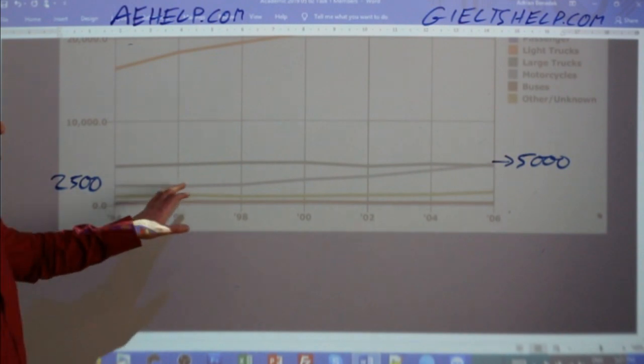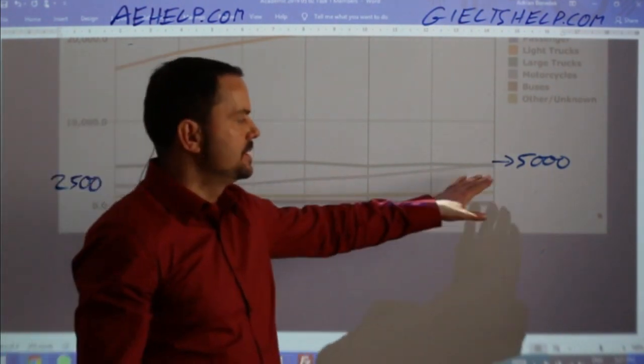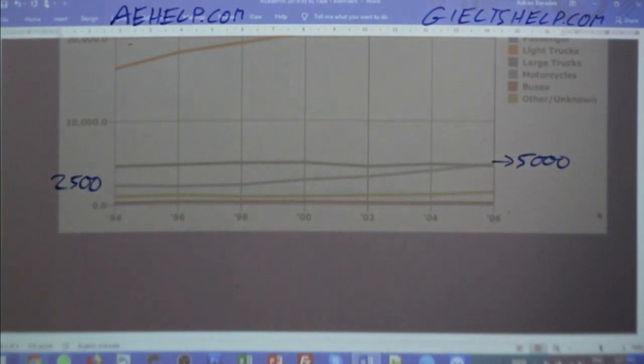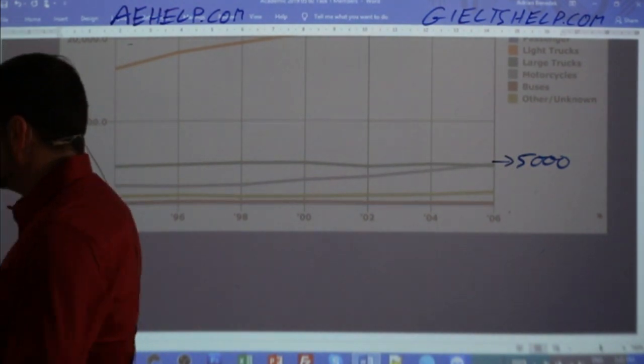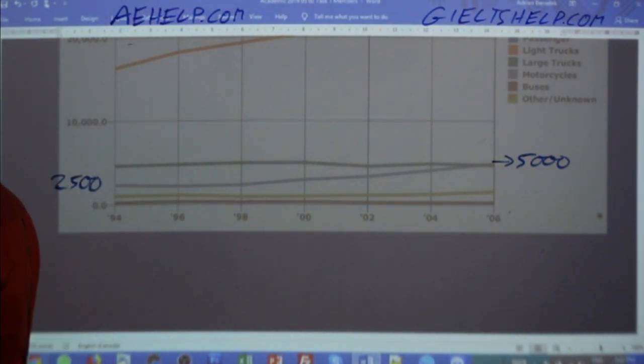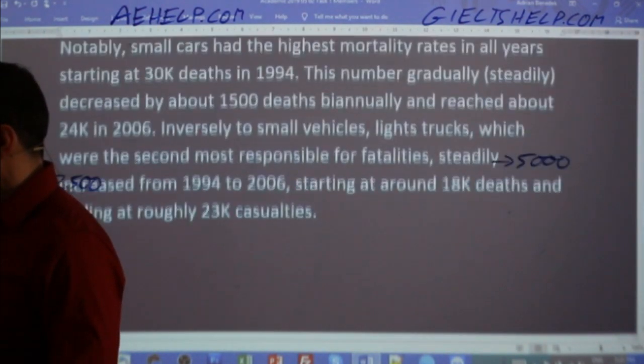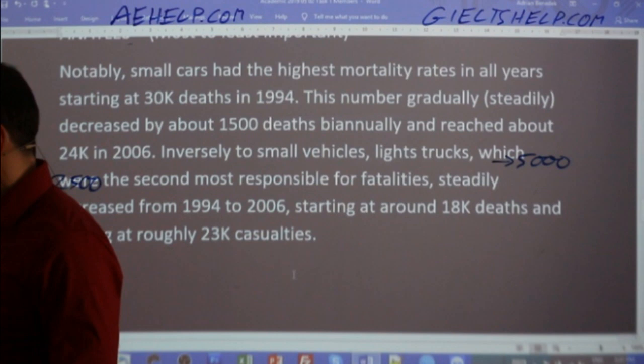Okay, so describe this line for motorcycles. Write a sentence about motorcycles. That's what we're looking for right now. I'm going to do the same and I'll wait for your responses. Okay, so motorcycles, 1994, 2,500. By 2006, it's 5,000.